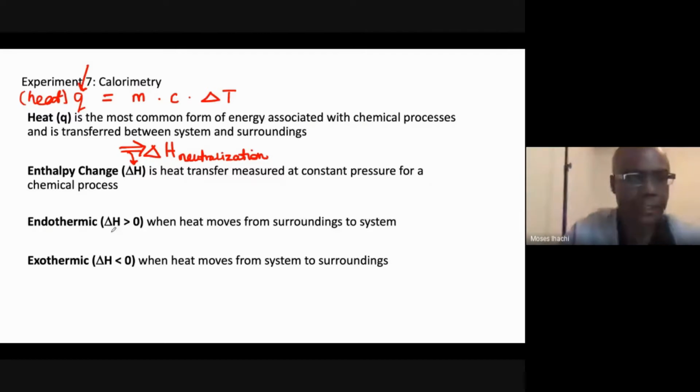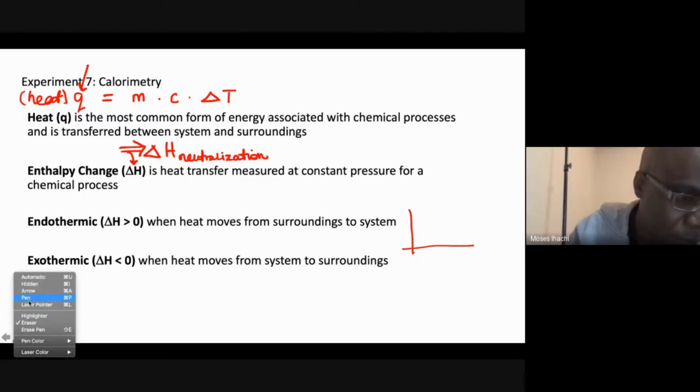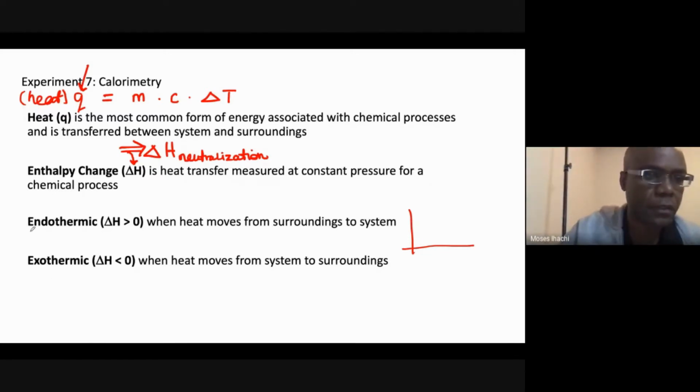Where the system is taking in heat, the system is the reactants, actually. Where the system is taking in heat, we call that reaction endothermic. Endo means into. So this is into. Where the system is taking in heat, the products will have high energy.